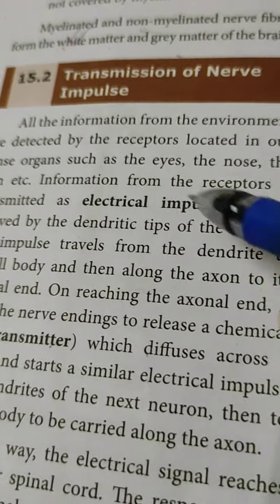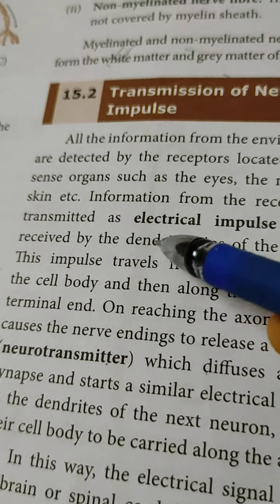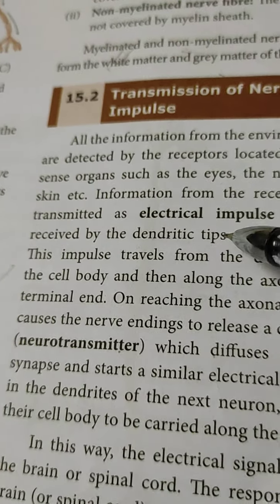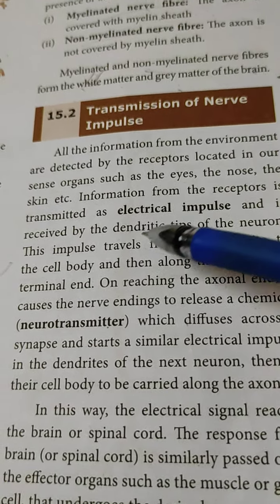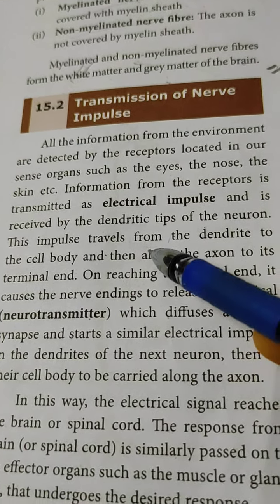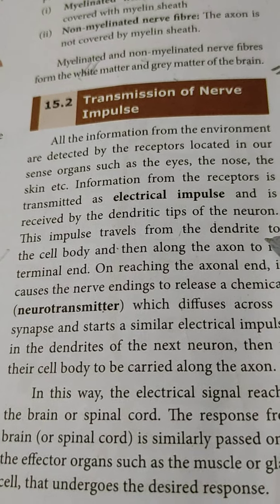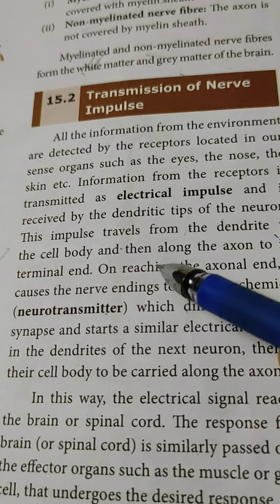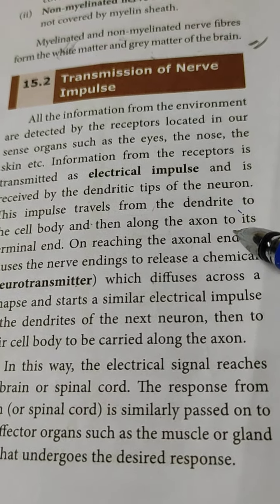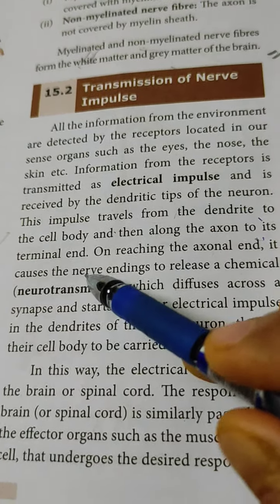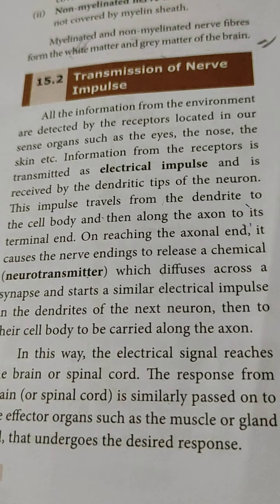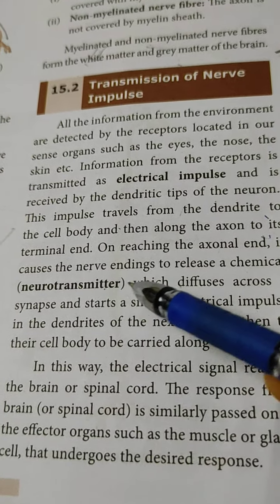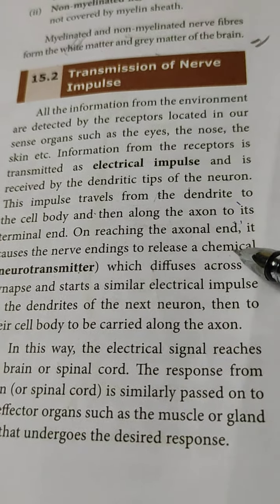So what I have told: information from the receptors is transmitted as electrical impulse and received by the dendritic tips of the neuron. The impulse travels from the dendrite to the cell body or cyton, and then along the axon to its terminal end. On reaching the axonal terminal end, it causes the nerve endings to release a chemical.